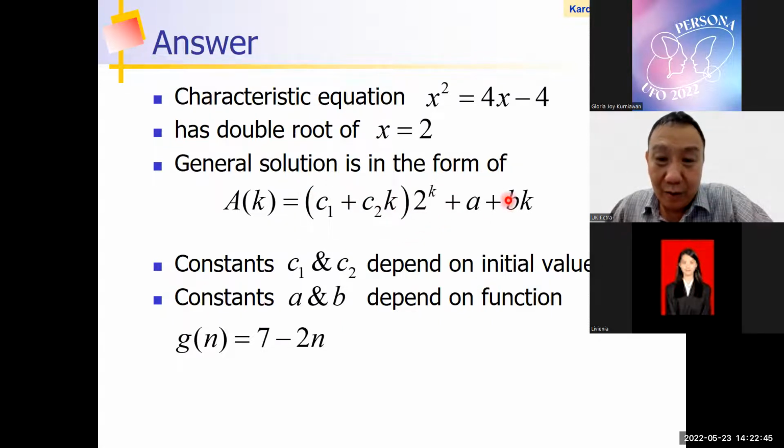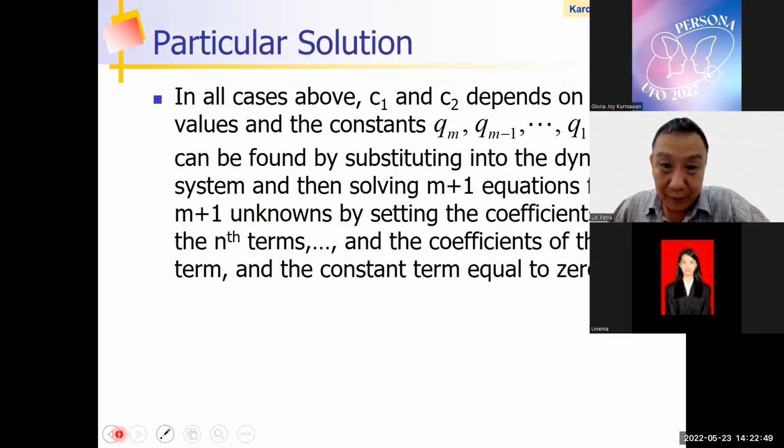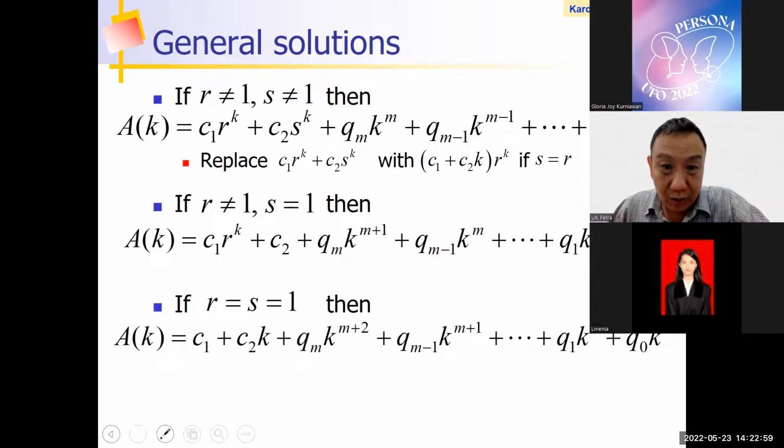And what is this? This is the q from a while ago. So we have q_m, q_{m-1}, until q_1, q_0. This is basically the solution of the linear homogeneous second order equation, and this is the q part, which is the part for the polynomial that we need to solve.